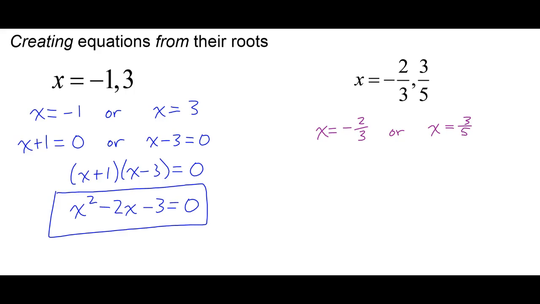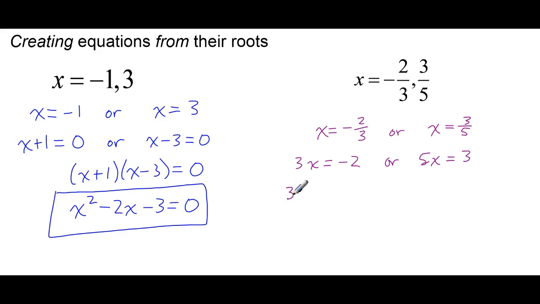And I bet I know what you're going to see. You got there by dividing. You actually had 3x equals negative 2, and then you divided by 3, and that's how you got a fraction. Or you had 5x equals 3, and then you divided by 5, and that's how you got a fraction. That's a familiar thing. I've seen that before.